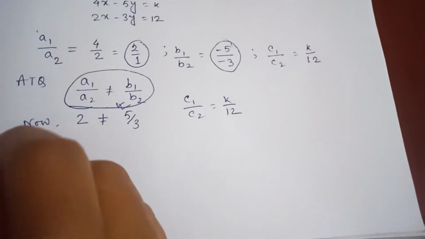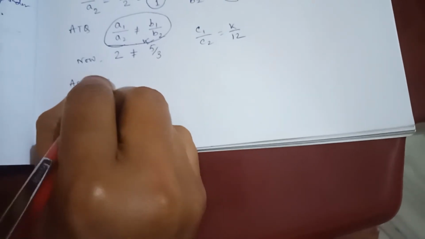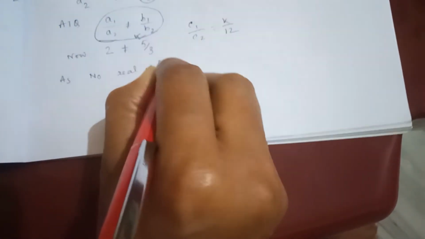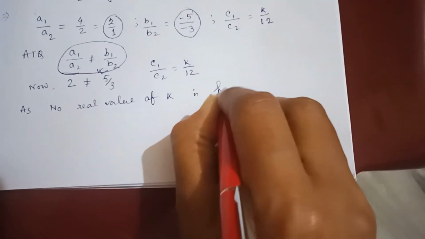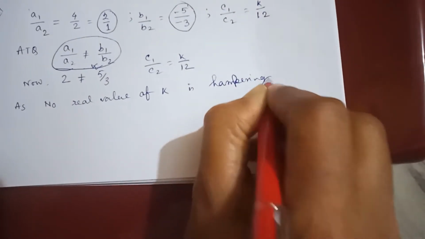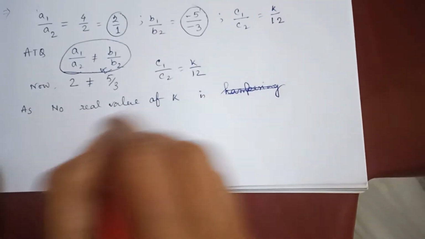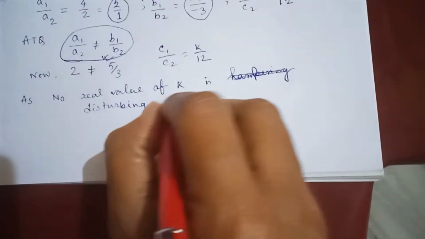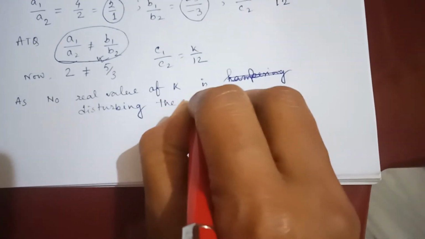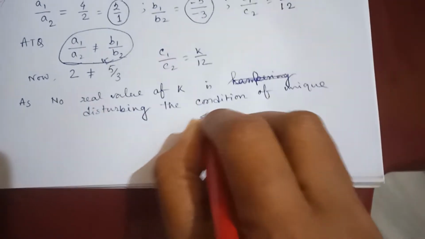So how will you write it down? We will write it as: no real value of k is hampering, or is, this is a very tough word, so you will be writing disturbing the condition, or the condition of unique solution, right?